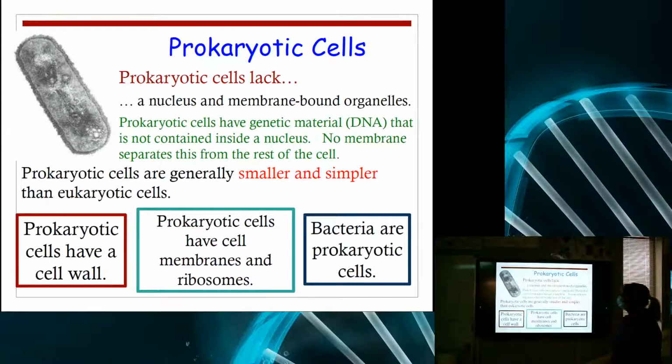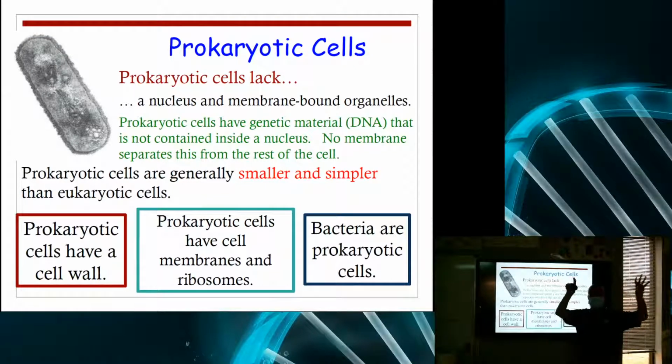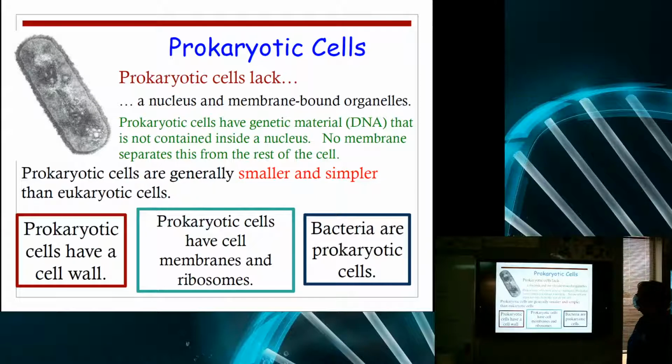In fact, there's so many different types of bacteria that in the 6 kingdoms, they have divided bacteria, prokaryotes, into 2 separate kingdoms. And so there's a lot of them, but they all have something in common. They have no nucleus. All prokaryotes. Prokaryotic cells have genetic material, not inside the nucleus, and there is no membrane that separates it from the cell.